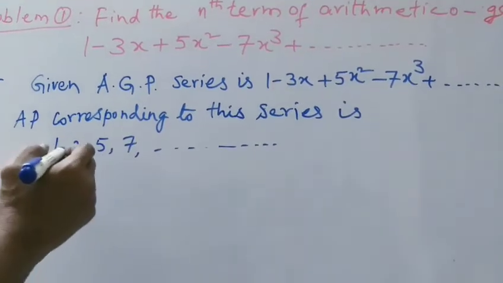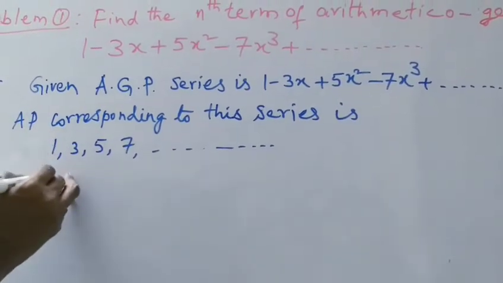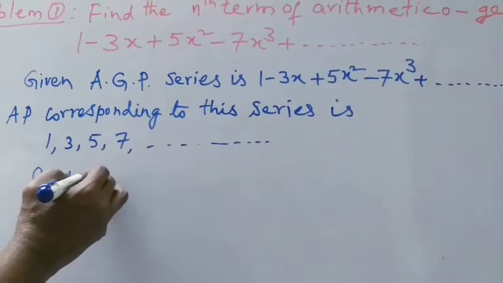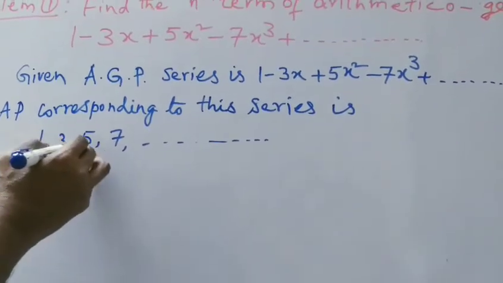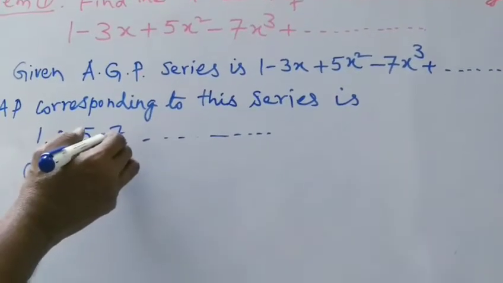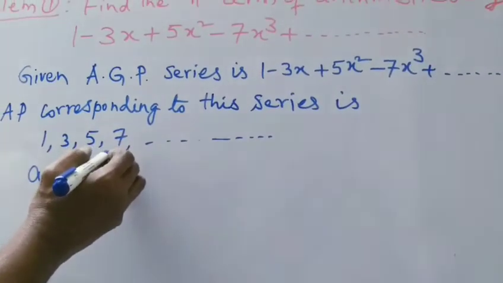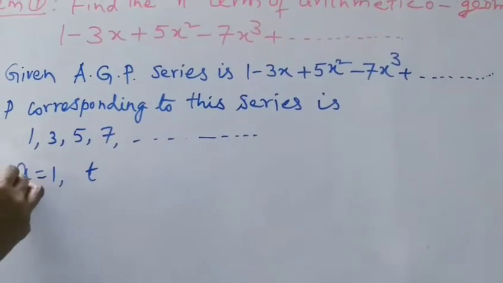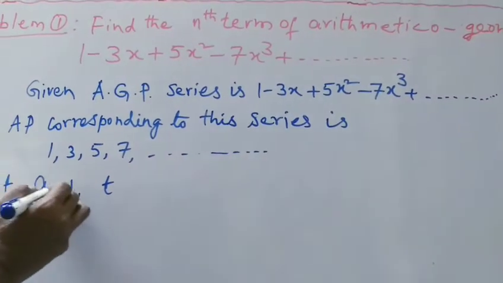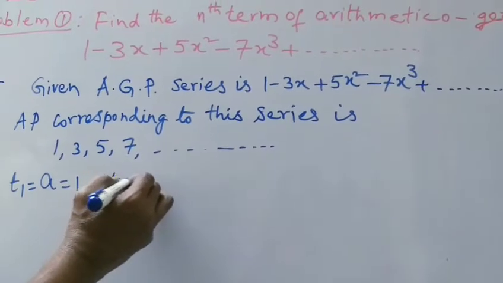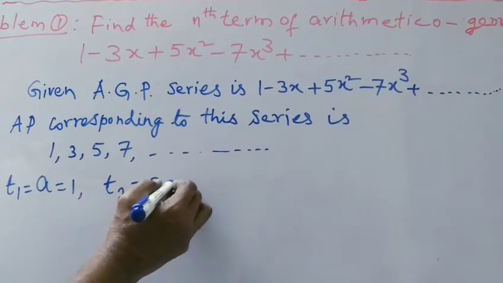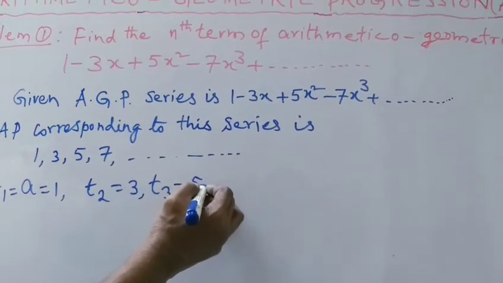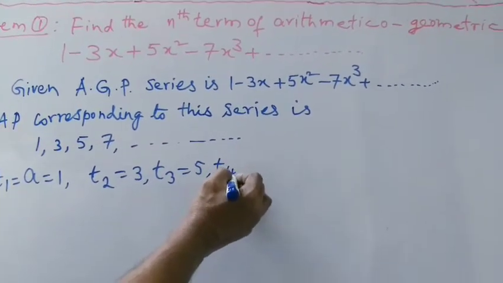The first term a is equal to 1, the second term is 3, the third term is 5 and the fourth term is 7. So t1 is equal to a is equal to 1, t2 is equal to 3, t3 is equal to 5 and t4 is 7.